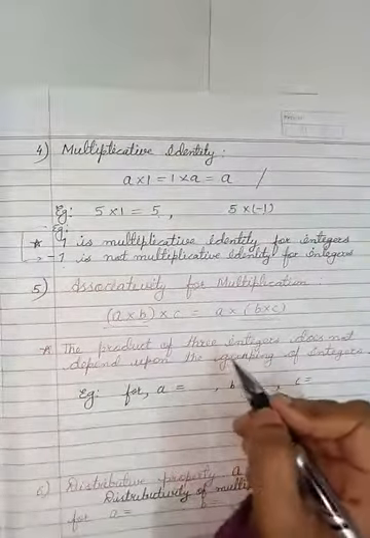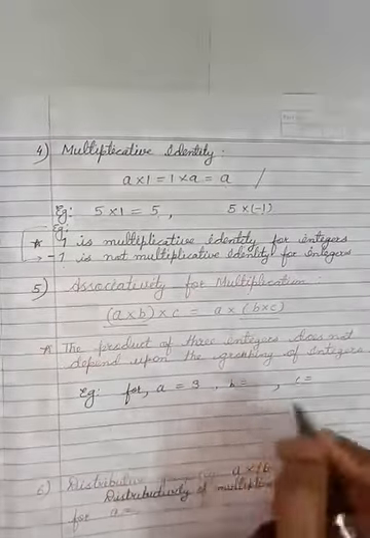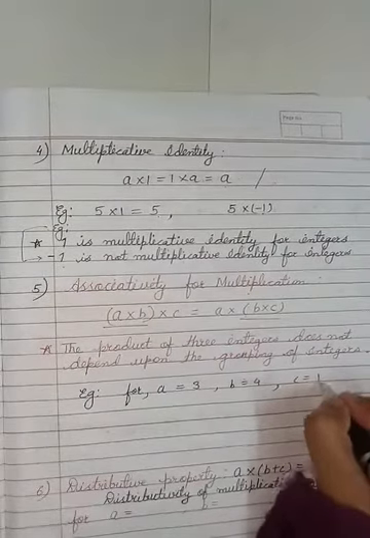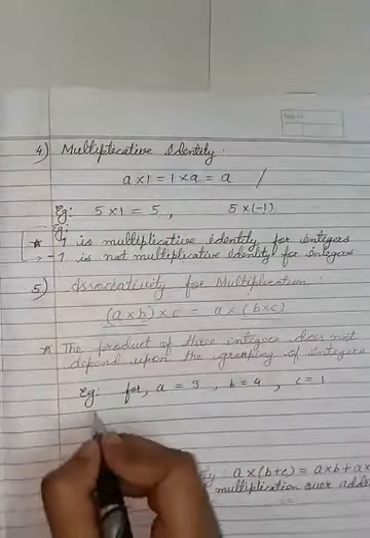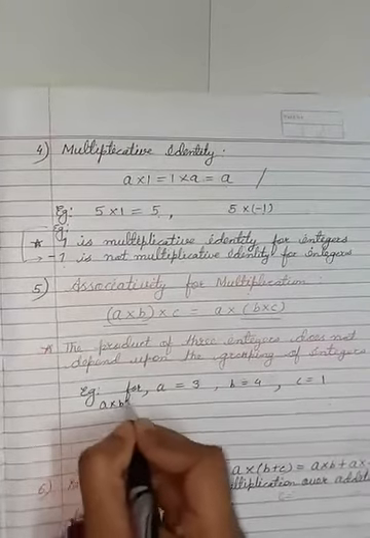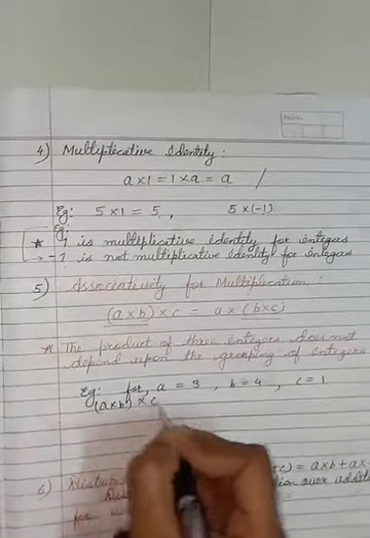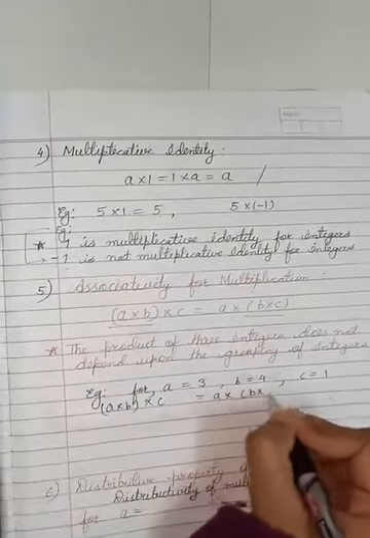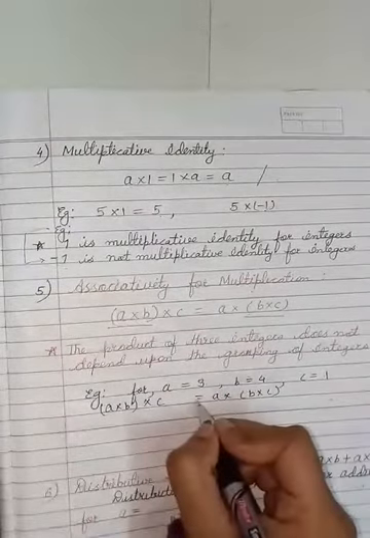Just like if a equals 3, b equals 4 and c equals 1, then a into b into c will be equal to a into b into c.